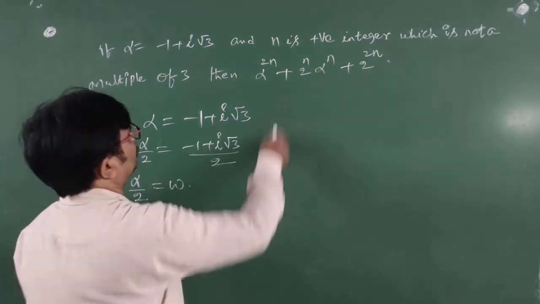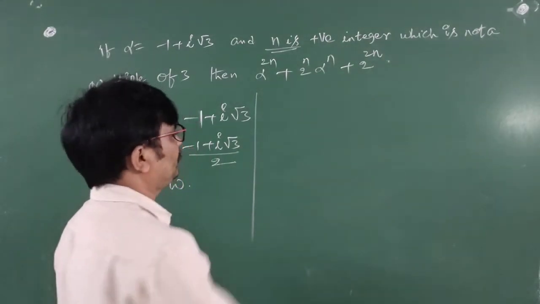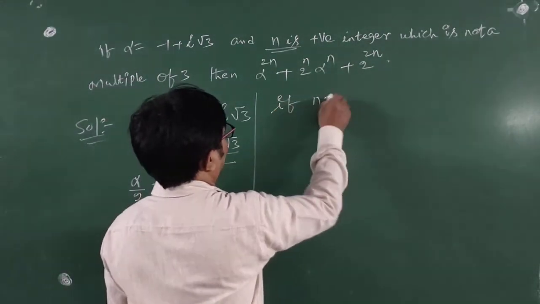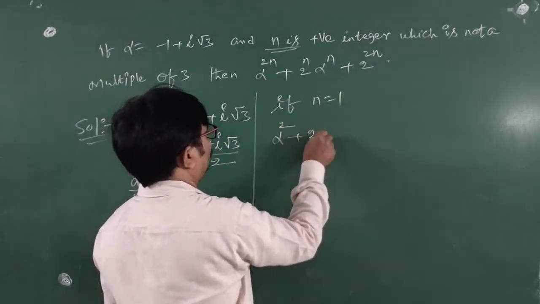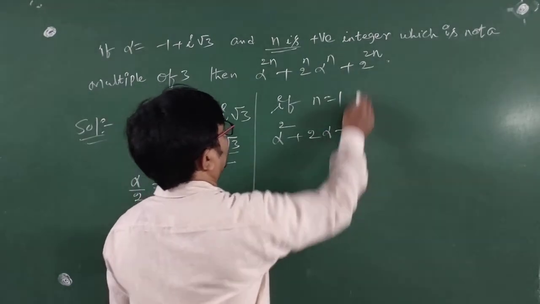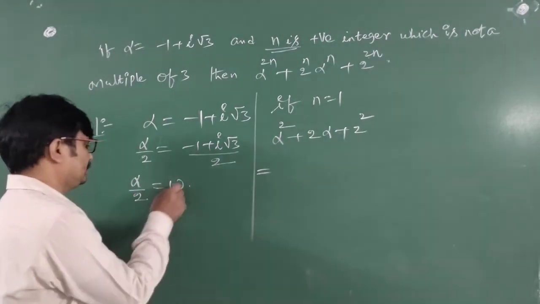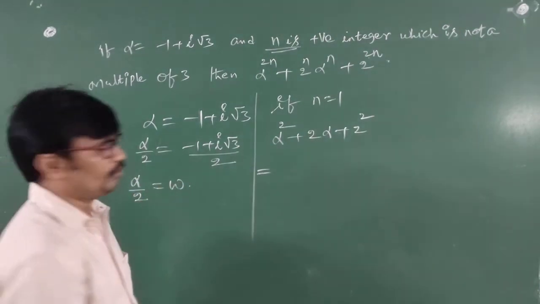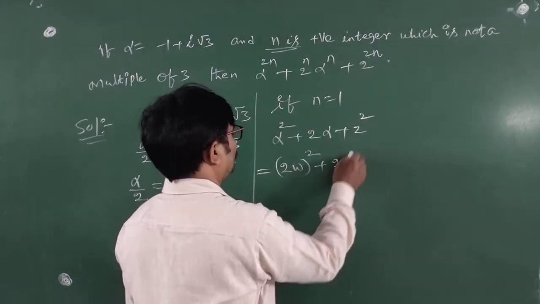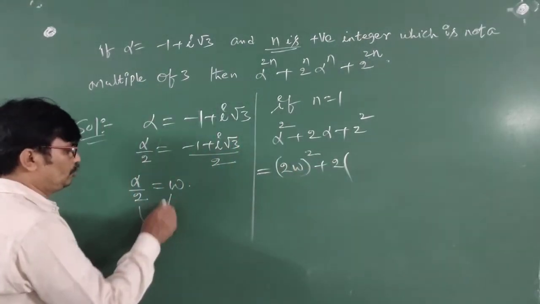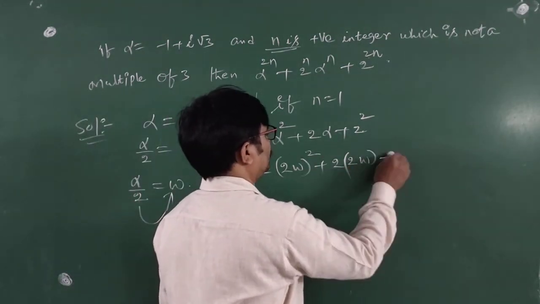So dear students, n is a positive integer which is not a multiple of 3. That means if n equal to 1, this is alpha square plus 2 power 1 alpha plus 2 square. Alpha is 2 omega, so it is 2 omega whole square plus 2 into alpha, which is nothing but 2 omega, plus 4.